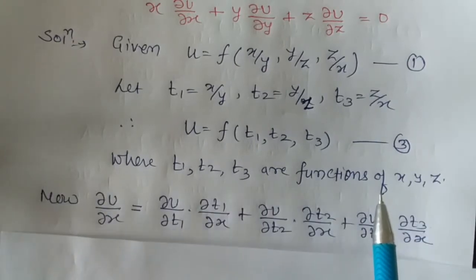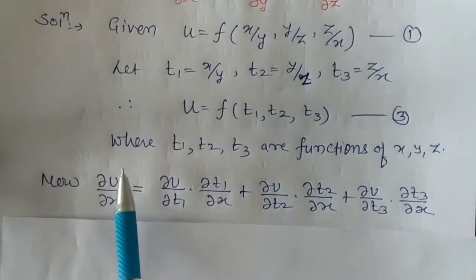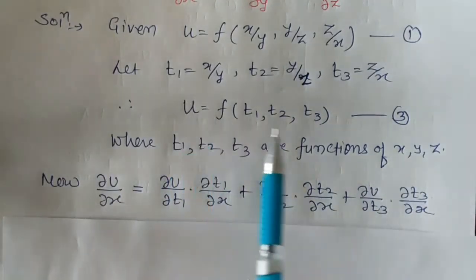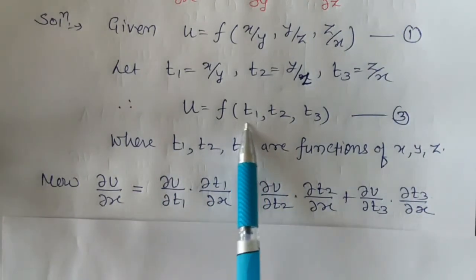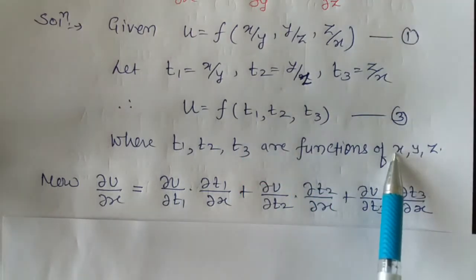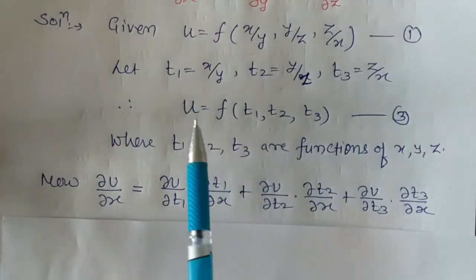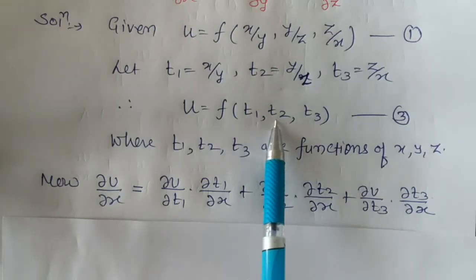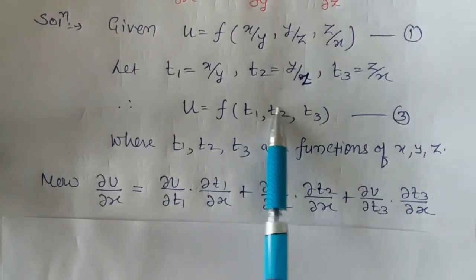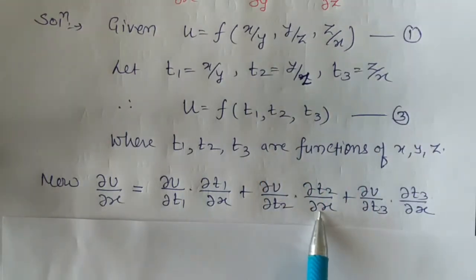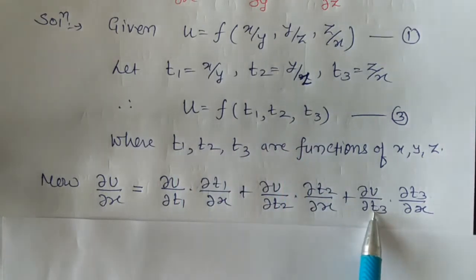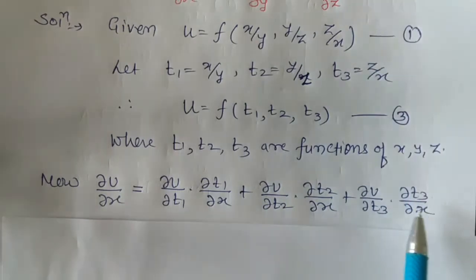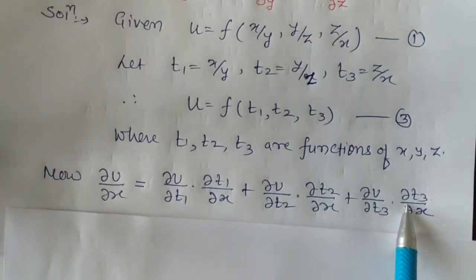So by chain rule we get the partial derivative of u with respect to x is del u by del t1 into del t1 by del x plus del u by del t2 into del t2 by del x plus del u by del t3 into del t3 by del x.